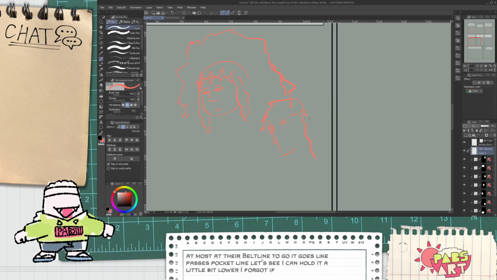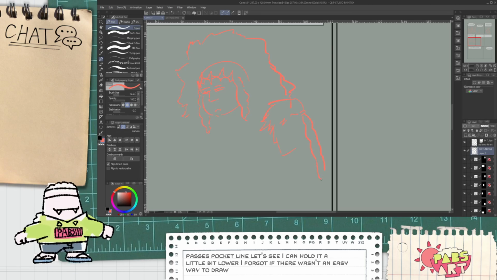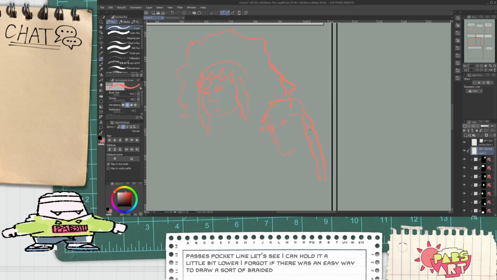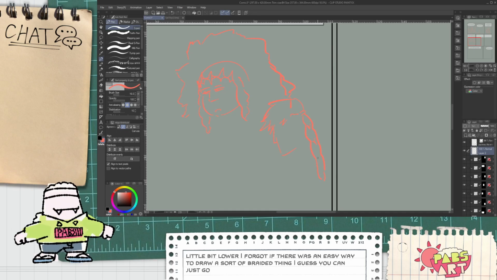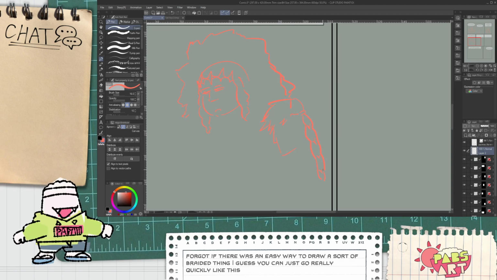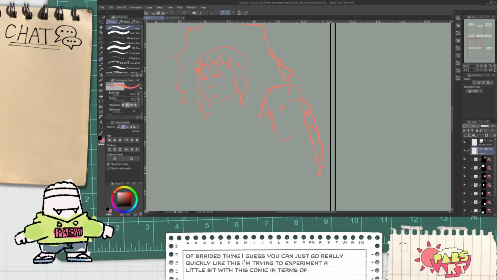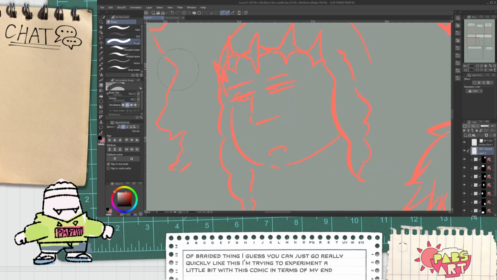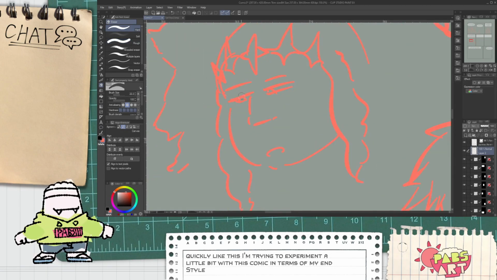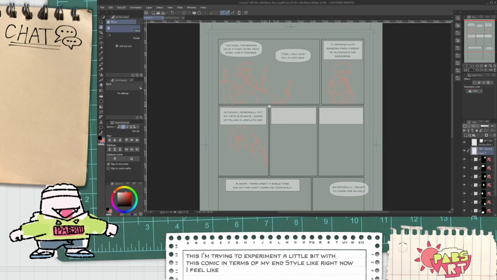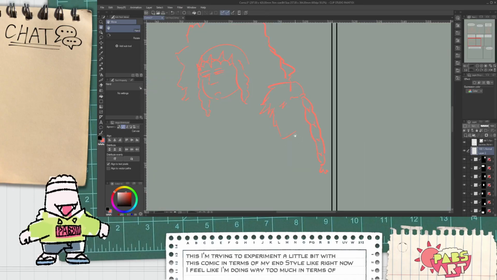I forgot if there was an easy way to draw a sort of braided thing. I guess you can just go really quickly like this. I'm trying to experiment a little bit with this comic in terms of my inking style. Right now, I feel like I'm doing way too much in terms of detail. I need to slow down a little bit.